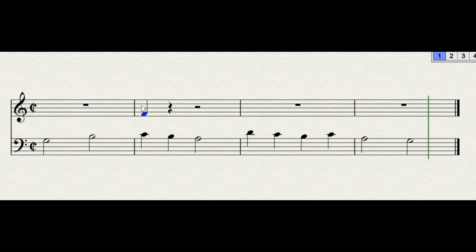So that's C, 1, D, 2, 3, 4, 5, 6, 7, octave.